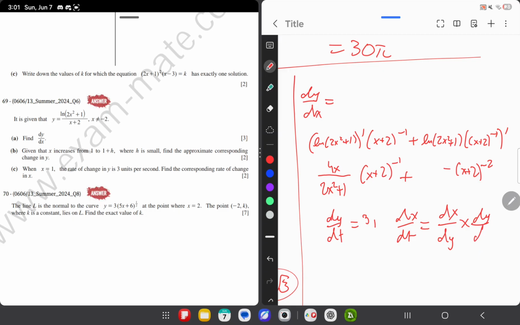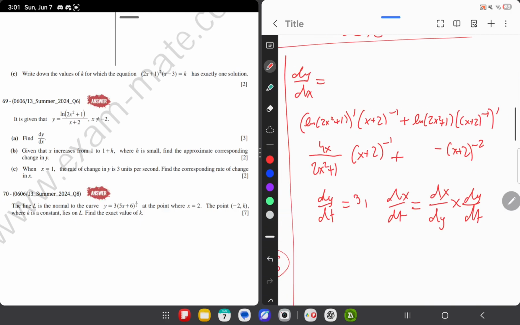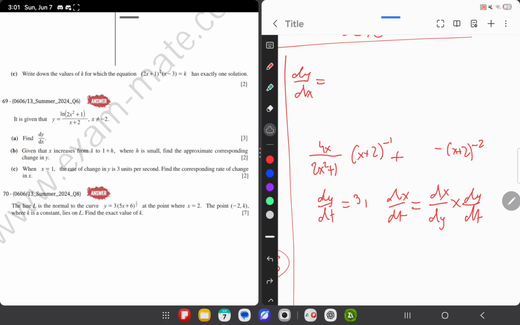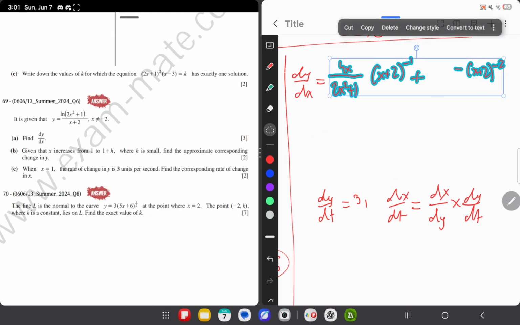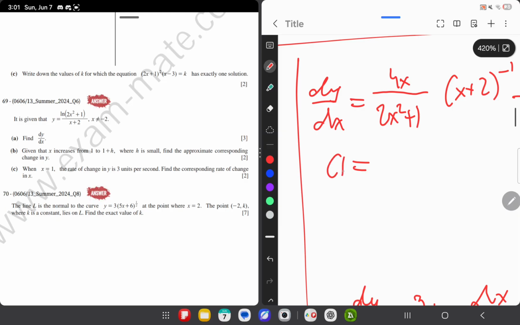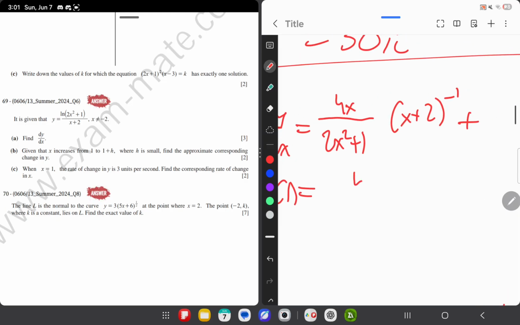This is a variable and this is an expression. We know dy/dx is equal to this expression over here. Wait, let me fix this. Nice. And if we plug in 1, we get 4 over 2 plus 1, which is 3.